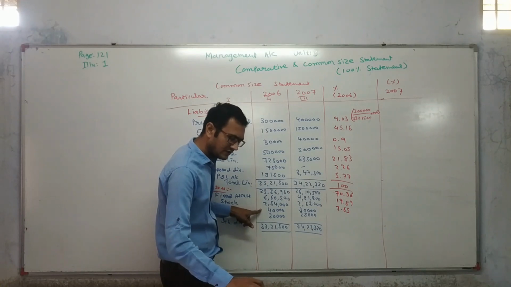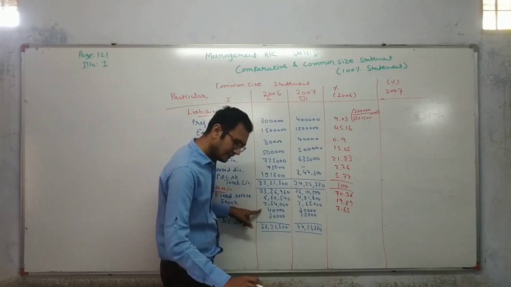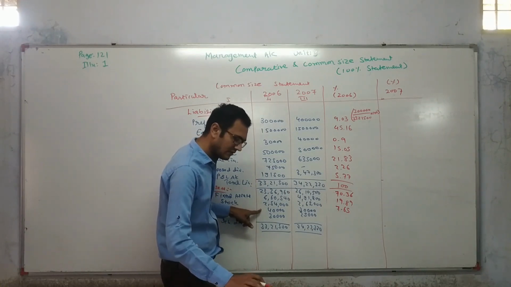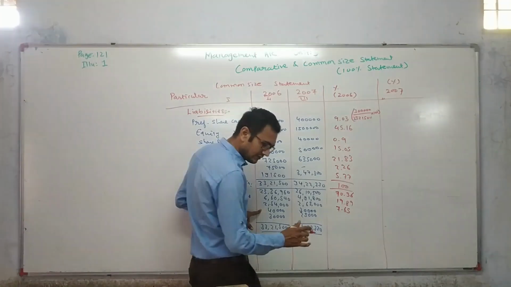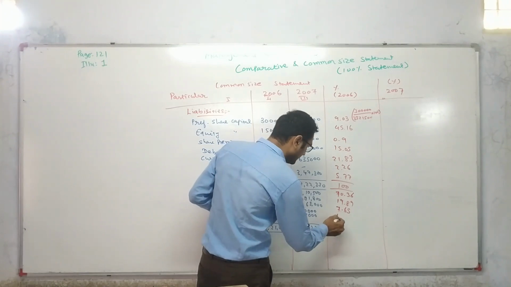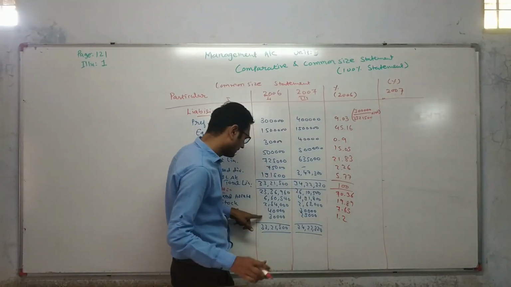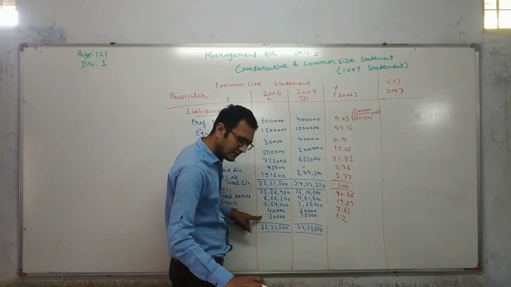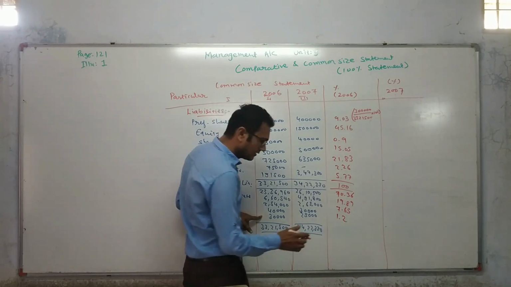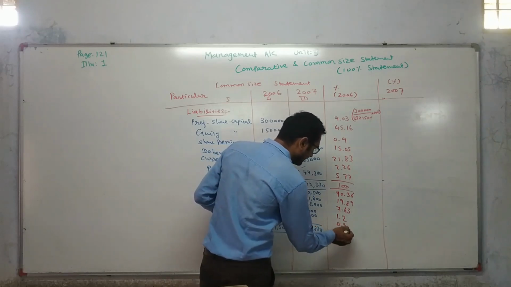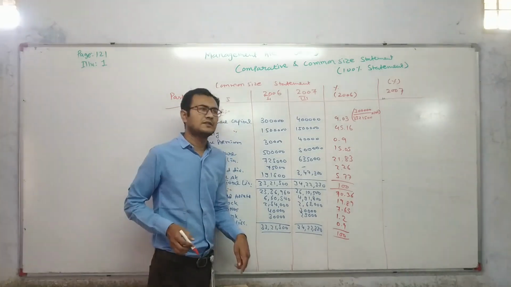And 40,000 divided by 33,21,500 into 100. So 1.20. And 30,000 divided by 33,21,500 into 100. 0.9. And you will get 100%.